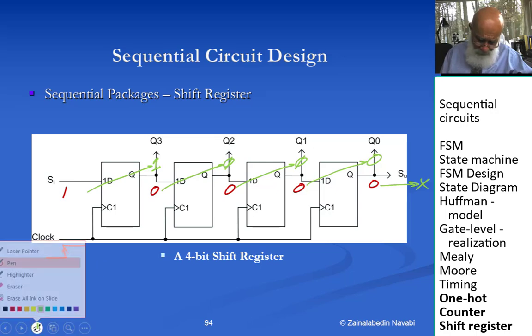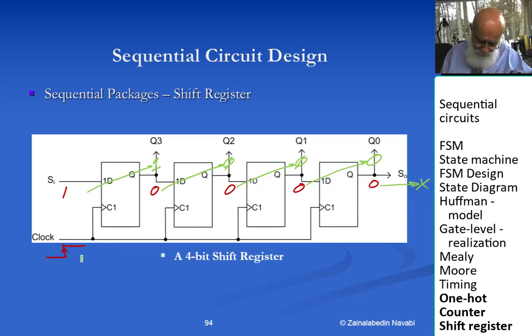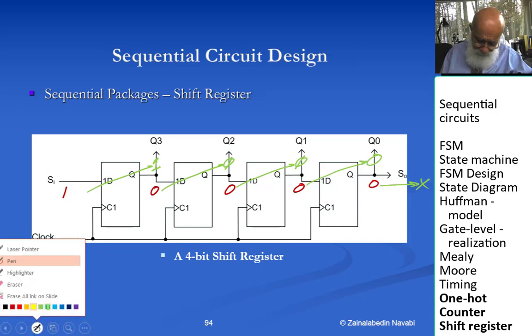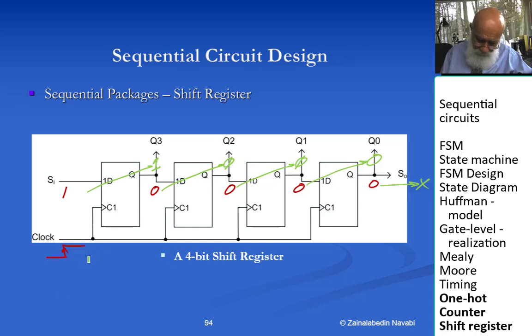The next clock, let's assume serial in is still a 1. This 0 will go here. Okay, this 0 will go here. This 1 will go here.